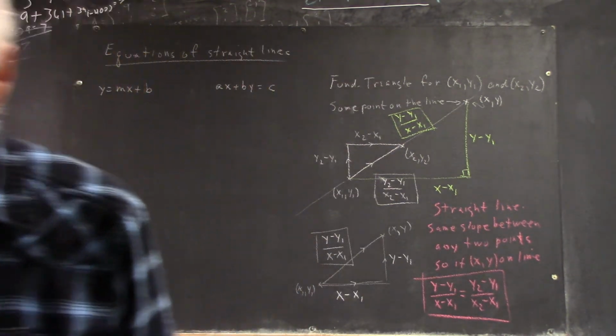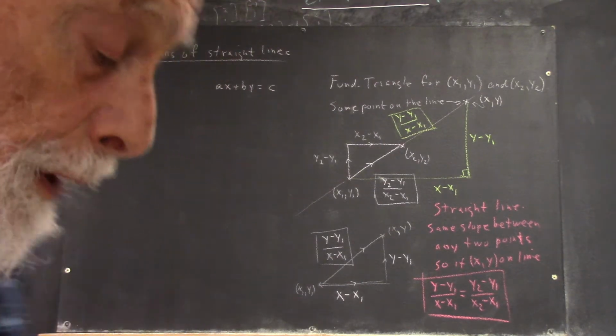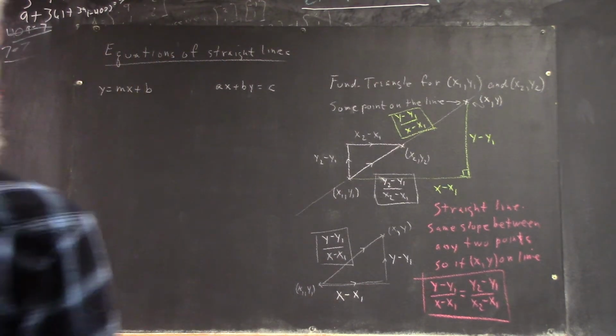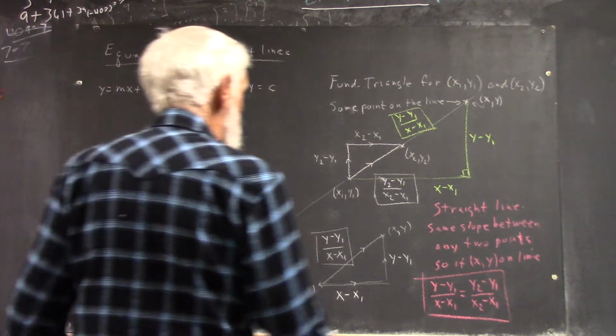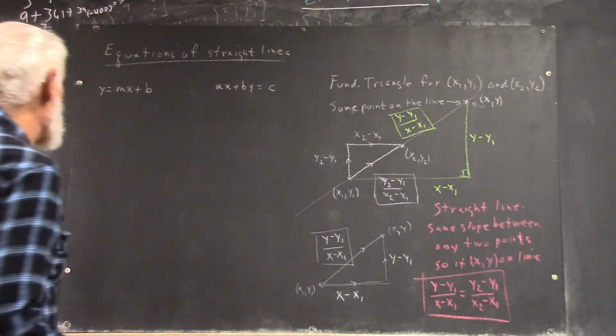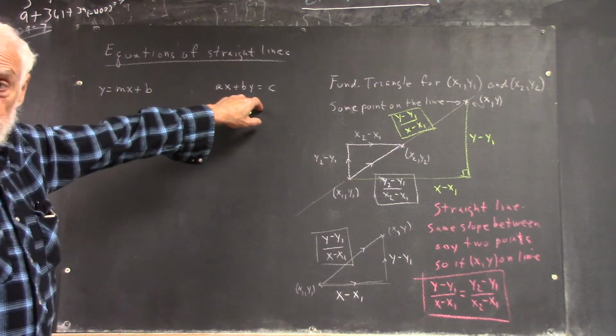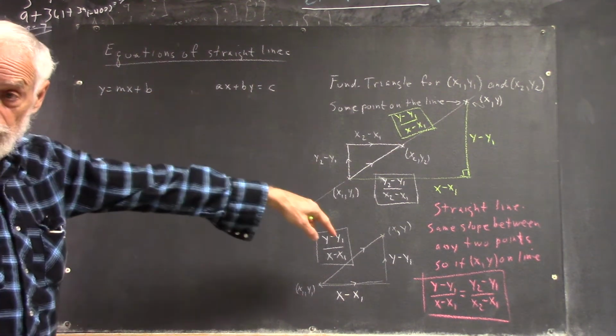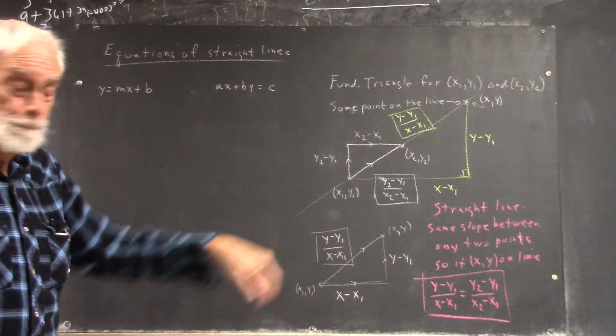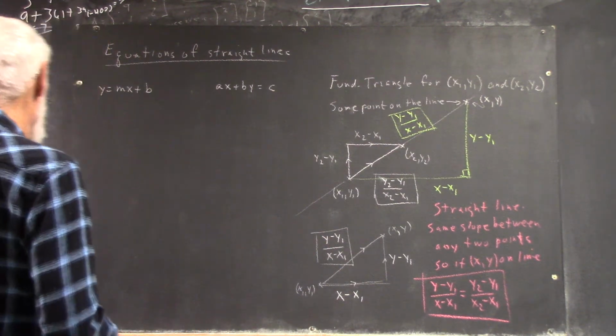We'll do a little more with the algebra in that next time. That's this. We can easily prove that these two forms are equivalent to each other and to this.